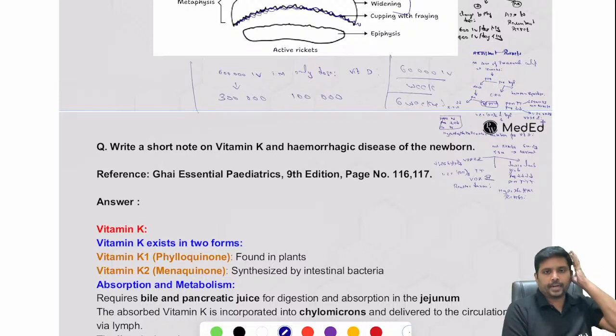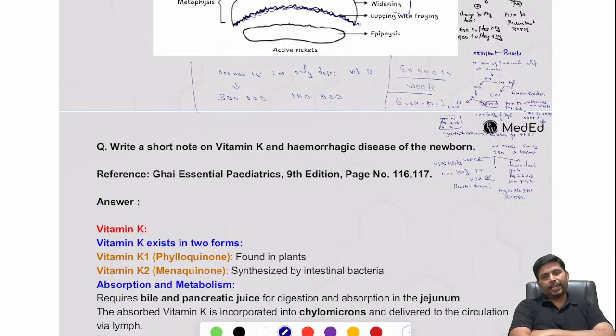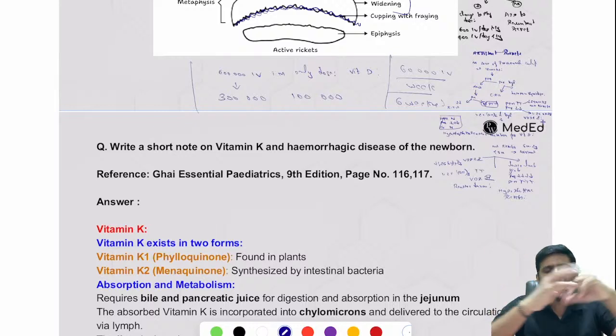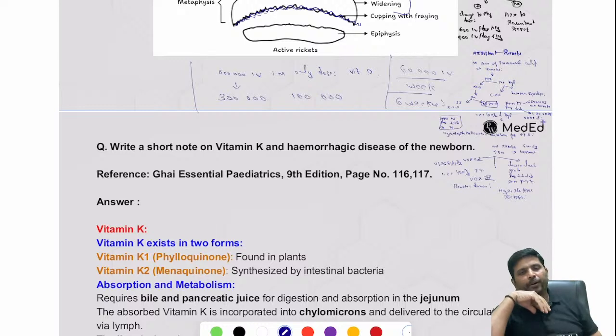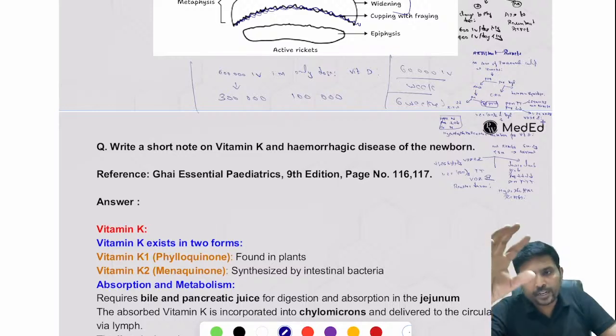Now, write a short note on vitamin K and hemorrhagic disease of newborn. When someone is asking about vitamin K, remember, two vitamins are not there in breast milk adequately. The normal vitamin D requirement is 400 international units for less than 1 year.